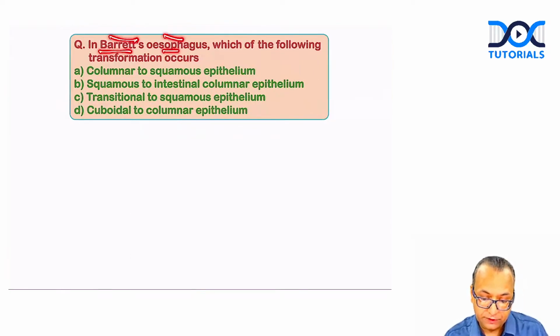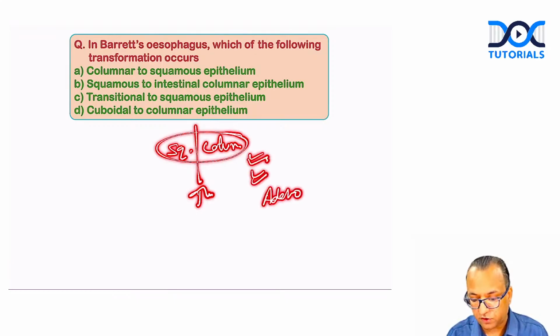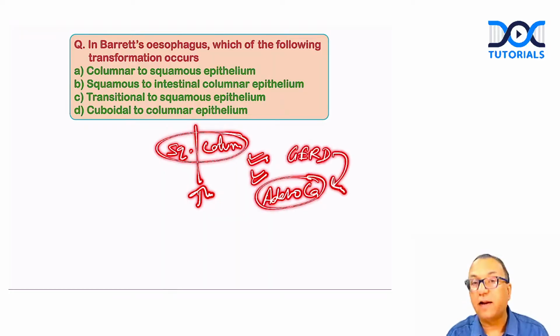Barrett's esophagus transformation, they are asking. If you are talking about Barrett's esophagus, it is the squamocolumnar junction. At the squamocolumnar junction, sometimes there is metaplasia, dysplasia, and cancer also, adenocarcinoma of the esophagus, especially in cases of GERD if they are unattended.